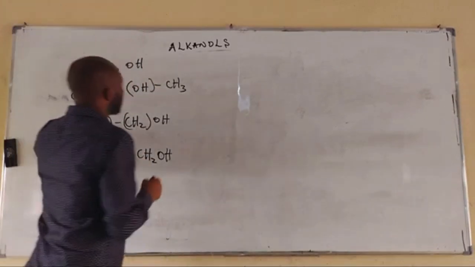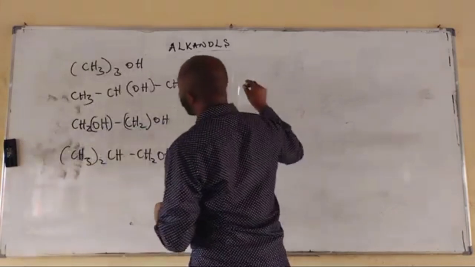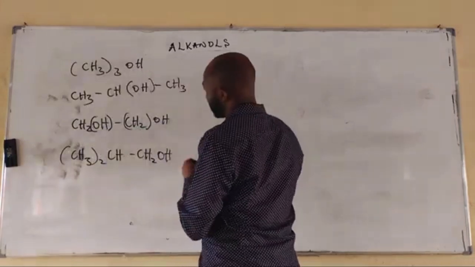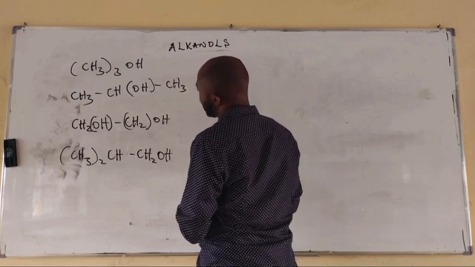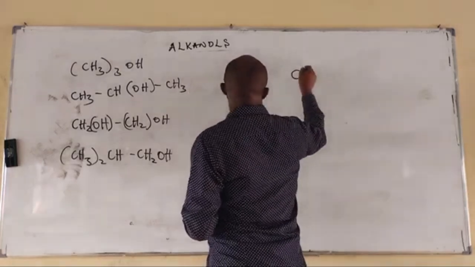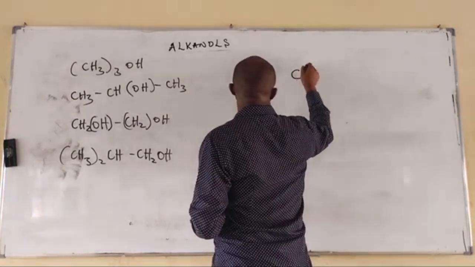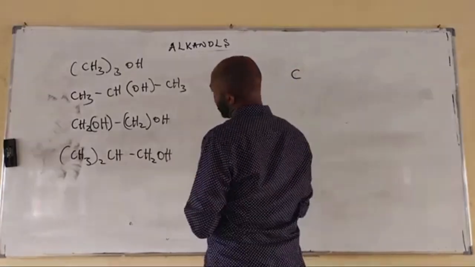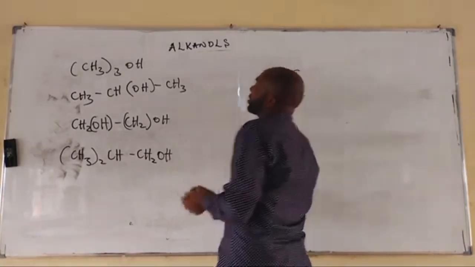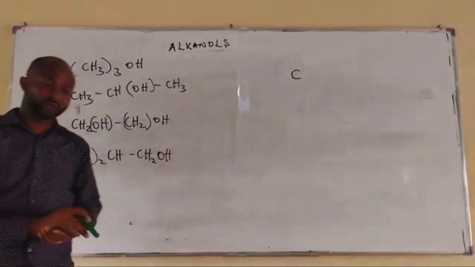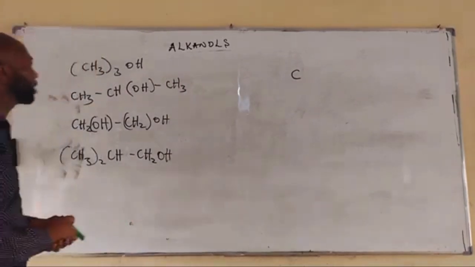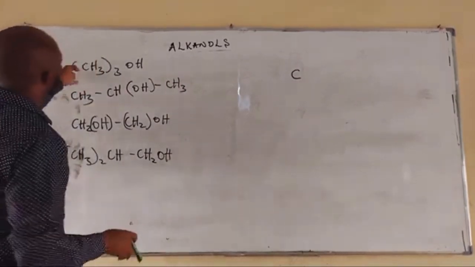Let's start with this first one. The first one is we have 3 CH3, CH3. I don't know what they want there. That thing doesn't look clean to me. CH3, 3 of them. Where are they bonded to?